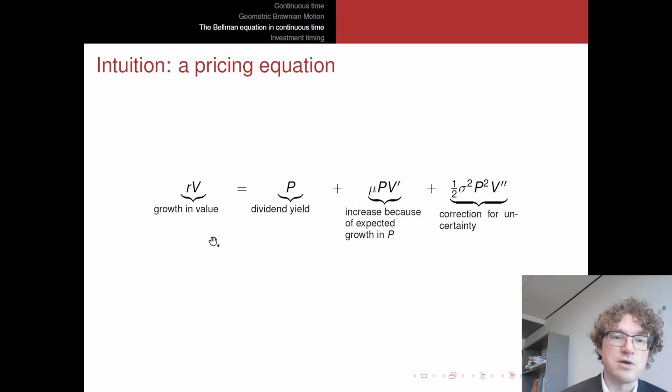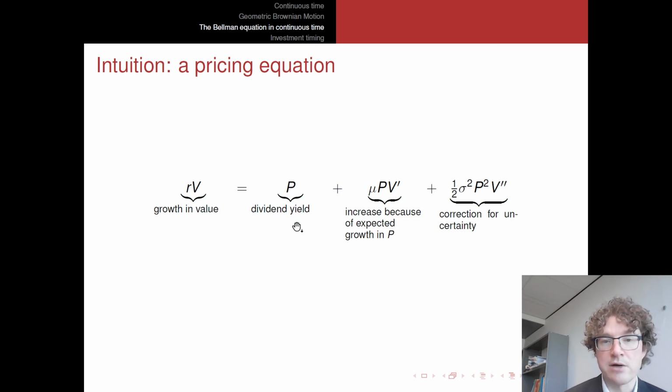From a finance point of view, what we have on the left hand side here is growth in value. So this value grows at the growth rate R. What does this growth of value consist of? A dividend yield, you might say.